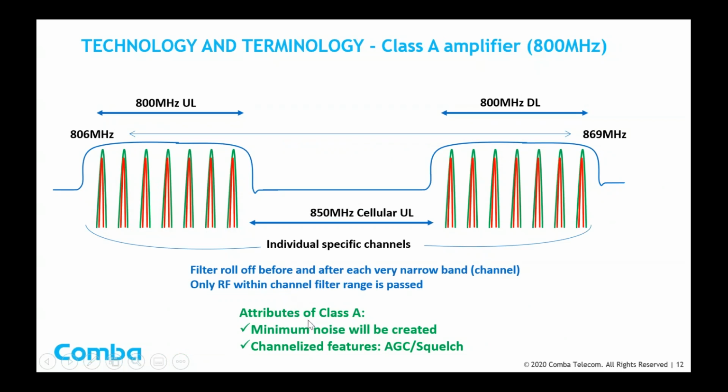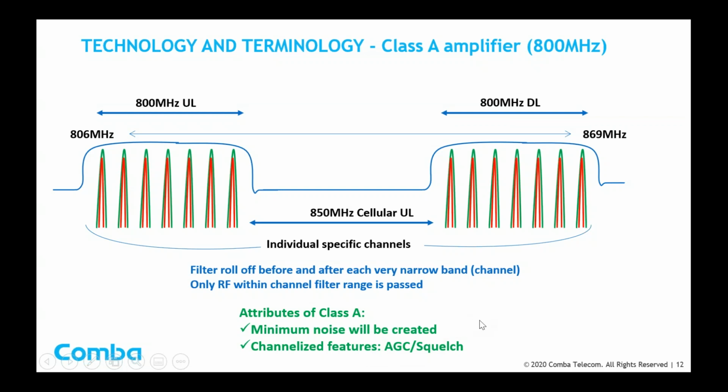So what are the attributes of that? Minimum noise will be created. You won't be passing any stray RF that you don't want because these filters will keep everything except the desired channels that you want from passing through to the network. And again, because of channelized features, channelized Class A, we can have channelized automatic gain control or automatic level control, and we can have channelized squelch.